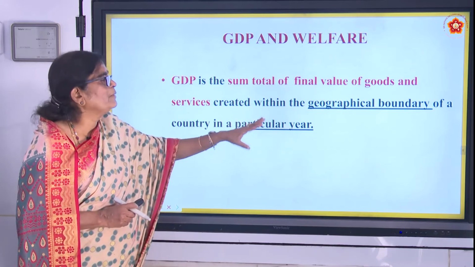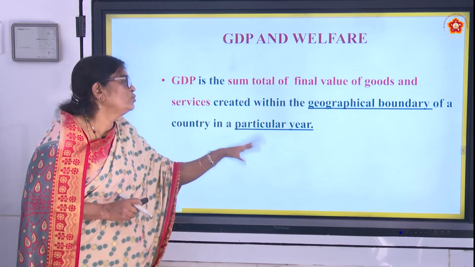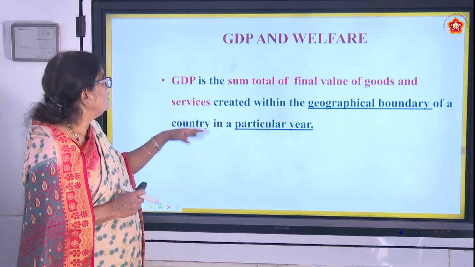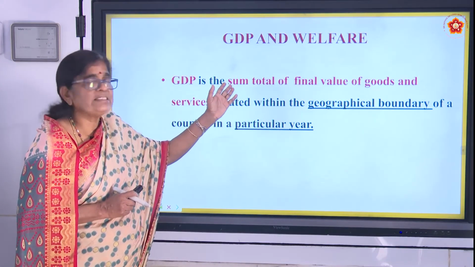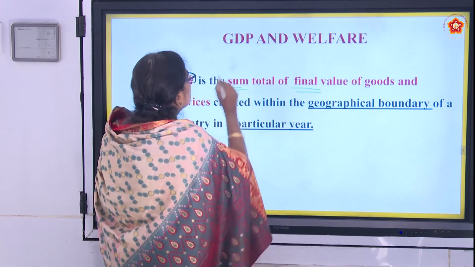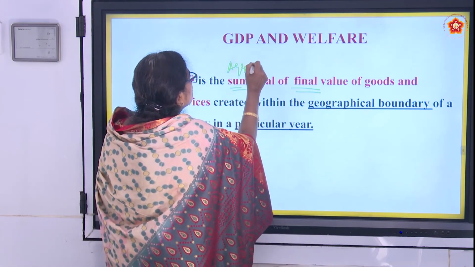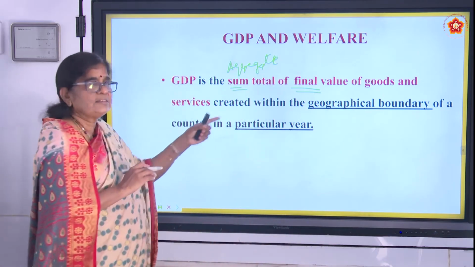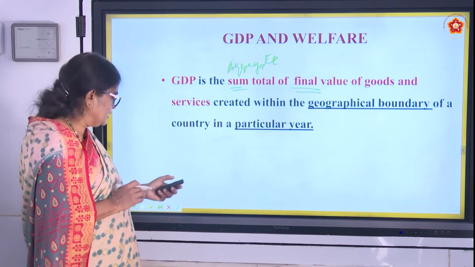All these terms are very important. Within the domestic economy, or you can say the geographical boundary of a country, not outside the country. You can say sum total or aggregate, and you have to mention very much the word final. These terms should be there when you define GDP.